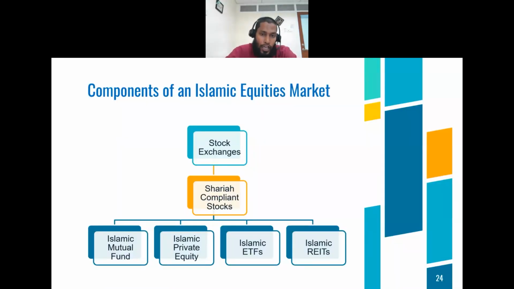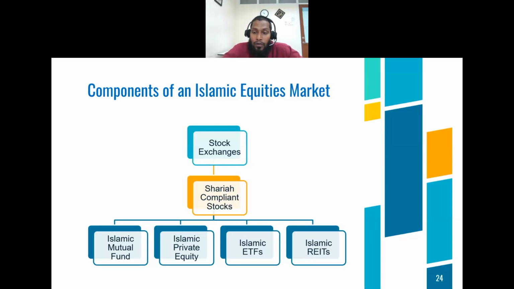If we look into the Islamic share market, we will find that it involves, of course, the Sharia compliant stocks, or the shares that are listed in different indices by different index providers. Other than Sharia compliant stocks, there is the Islamic mutual fund. A mutual fund is where a company will pool the funds of a lot of their clients, and then they will invest. Basically the concept used here is musharaka, and these mutual funds are also listed in the stock exchange.